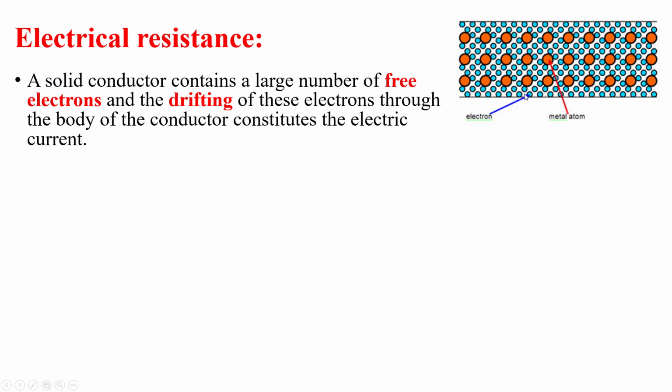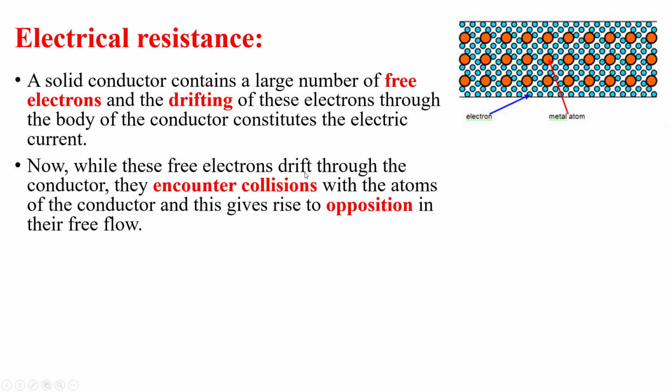During the movement of electrons, atoms are present, and these atoms tend to stop the movement of electrons. This resistance to the flow of electrons we call electrical resistance.